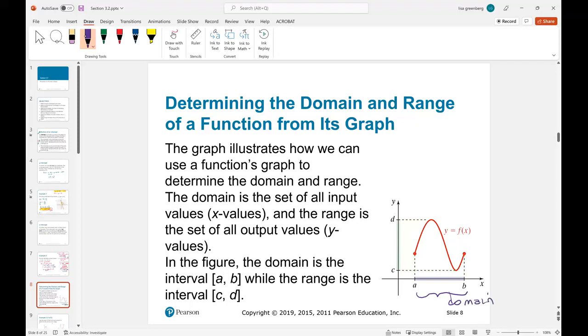And the range is my y values. So if I were to take the lowest value that it can be and the highest value it can be, all the values in between are values of y, right? Which is my range. And we can see that from smallest to biggest, it's C to D, and both of them are included. I don't have any open circles anywhere on this graph, so we're including every number between C and D.